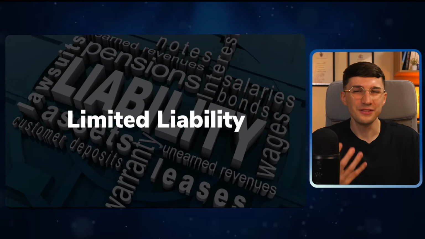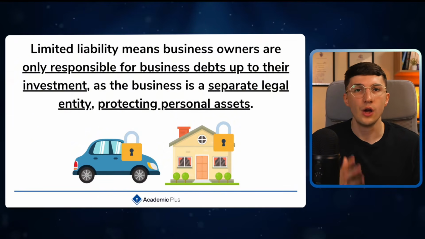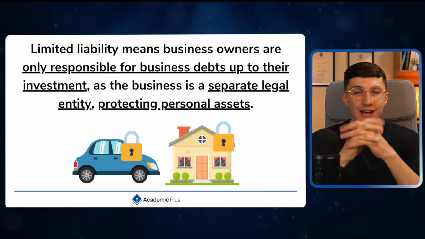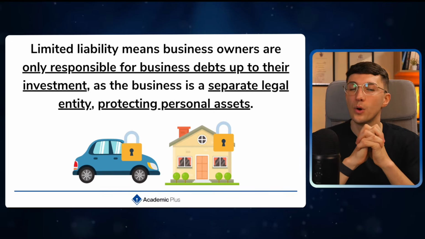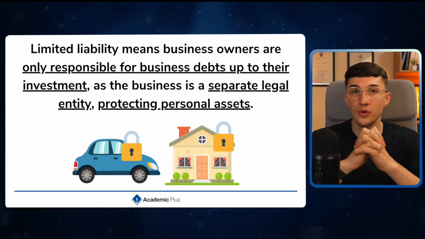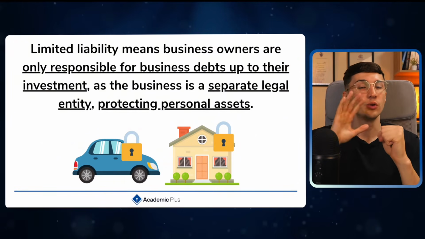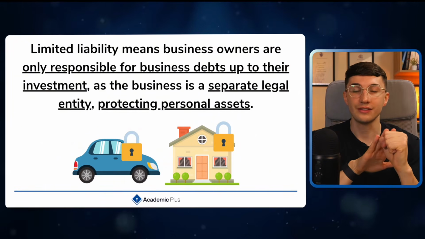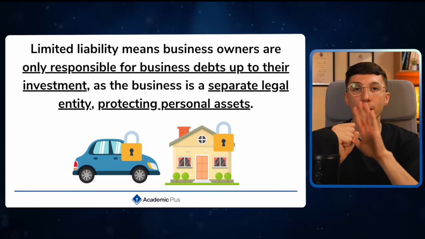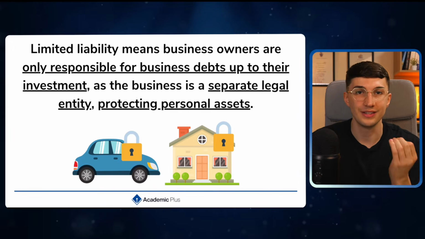Well, this is pretty much the opposite, because before with unlimited liability, we're treating myself and the business as the same legal entity. But with limited liability, we are now treating the business owners and the business as two separate legal entities. So if this business here goes into debt that they can't pay, well, I'm legally protected because I'm a separate legal entity to the business itself.